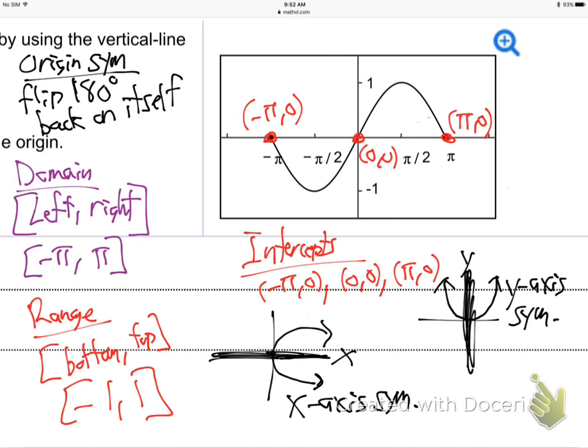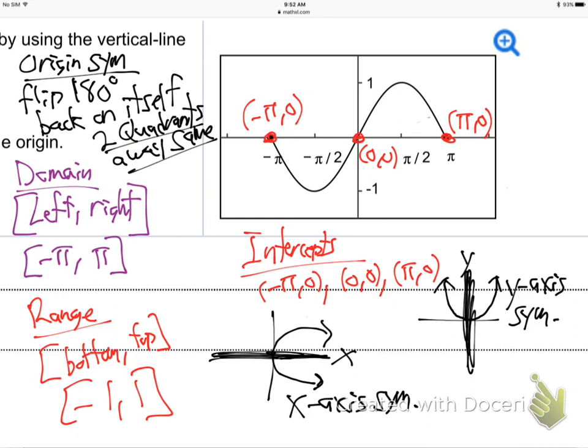So it's a half flip, 180 degree rotation. Flip 180 degrees. It's back onto itself. In other words, 2 quadrants away, it's the same, because that's 180 degrees. 2 quadrants away. That's what this one has.